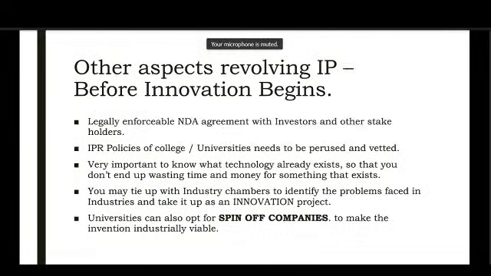Now, we have talked much about IP, the basic components of IP, which one must keep in mind before going ahead with the project. But if you are a student, an administrator of the college, or a principal of the college, you must have a legally enforceable non-disclosure agreement with the inventor or the student or the professor.